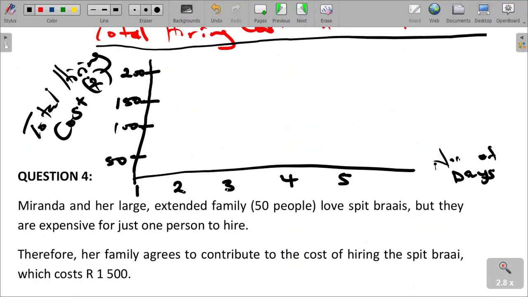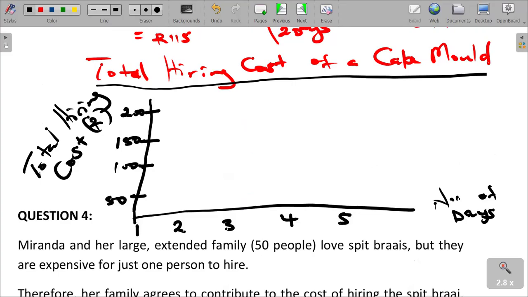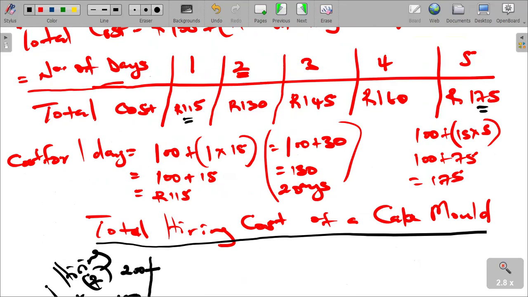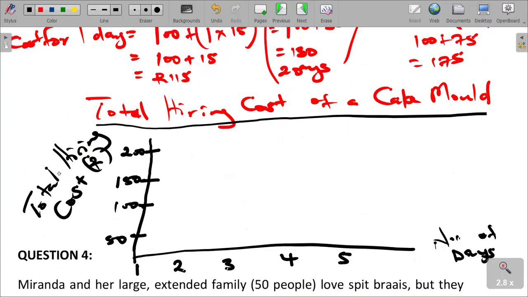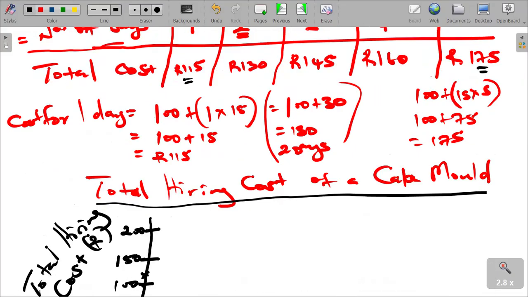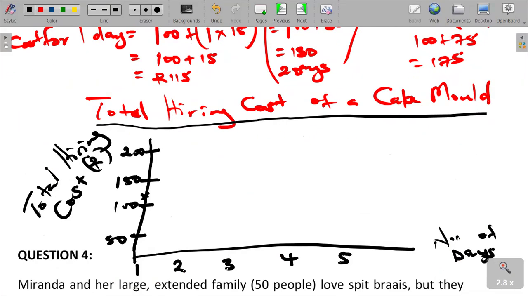And then we need to draw that graph. On one day, the mold was hired for how much? It was hired for 115 rand on day one, so I can mark 115 somewhere there. Then day two, it was hired for 130, which I can put somewhere there.